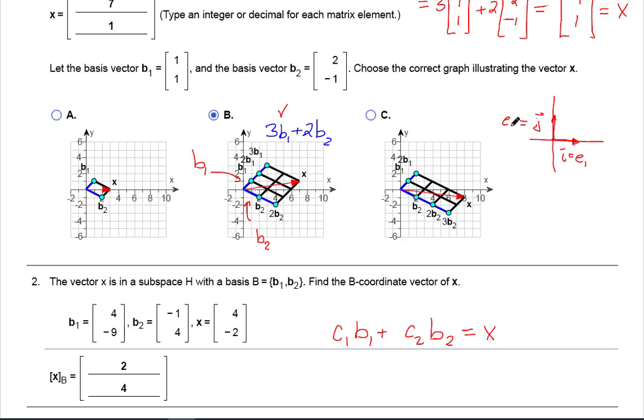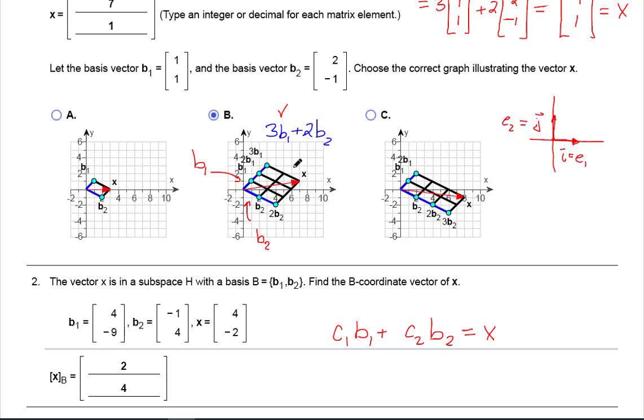So normally our basis vectors are along the two axes. Here we have B1 is here, here's B2. So our vector x, which is 7, 1, so here's x in red, 7, 1 is there. And that's 7, 1 again relative to E1, E2.